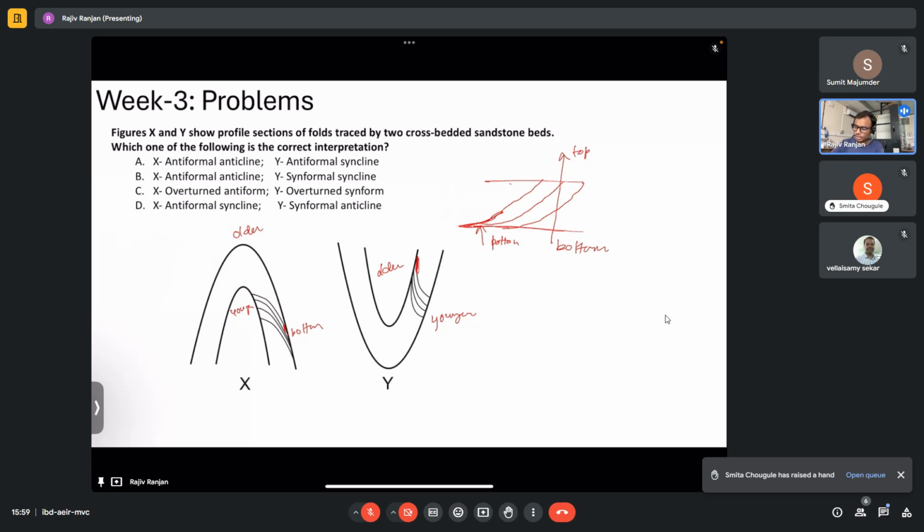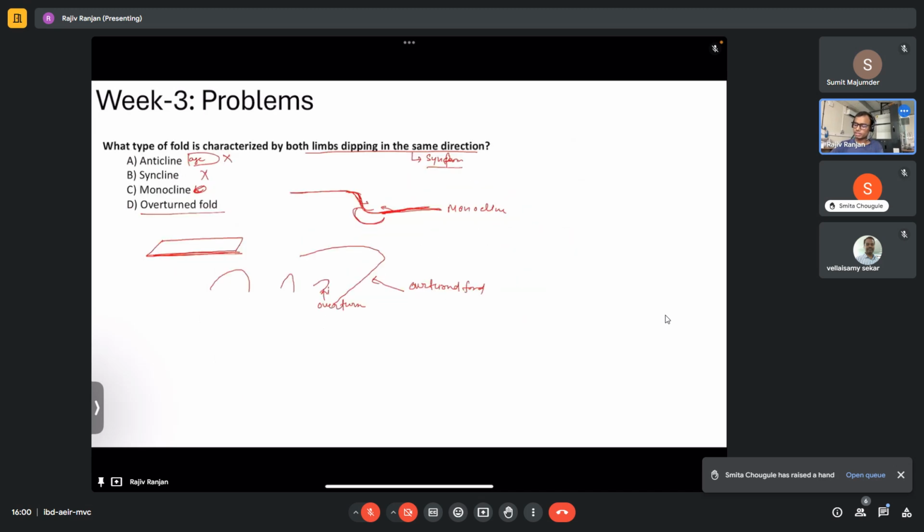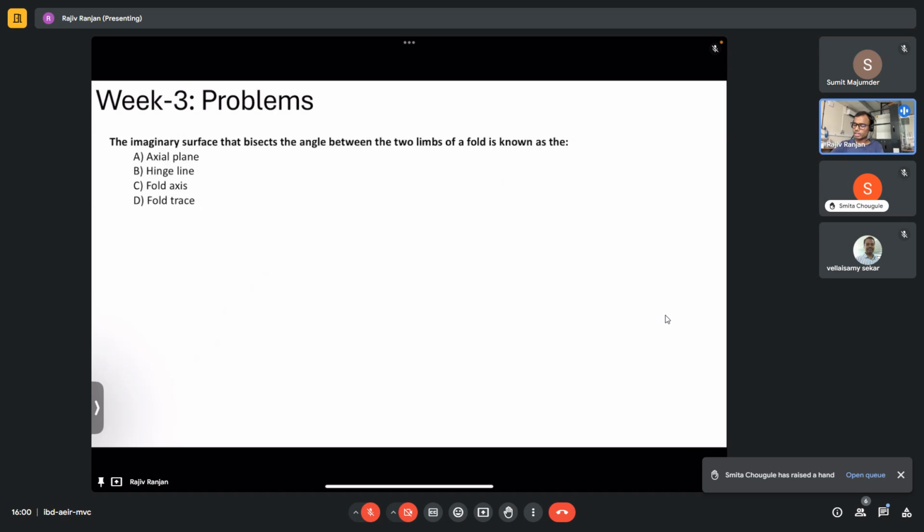So you learned that when the older is in the core, what does this mean? Anticline or syncline? Tell me, Sumit, anticline or syncline? No. See, older in the core, that means it is an anticline, right? That we discussed here, right?